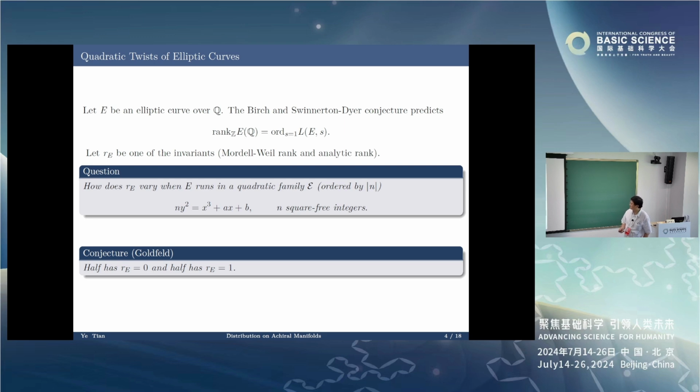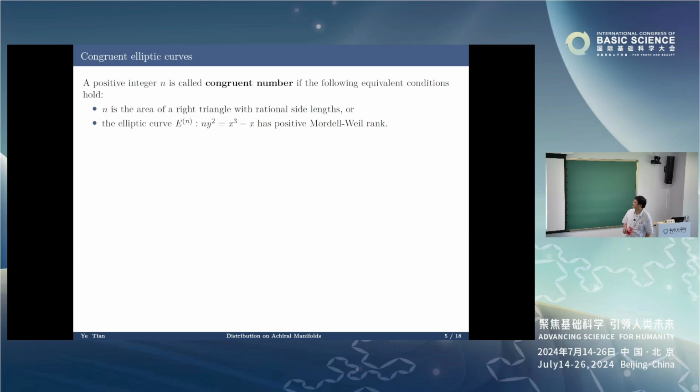Now let's start with one example of this Goldfeld conjecture, namely the congruent elliptic curve family. This elliptic curve, n y squared equals x(x minus 1)(x plus 1), has a positive Mordell-Weil rank if and only if n is the area of a right triangle with rational side lengths.